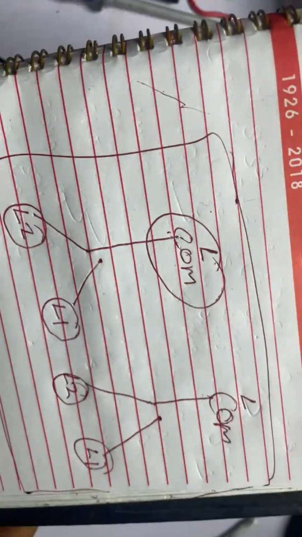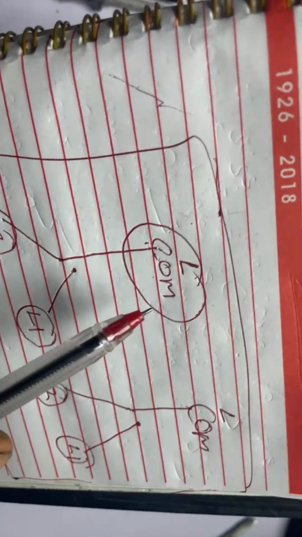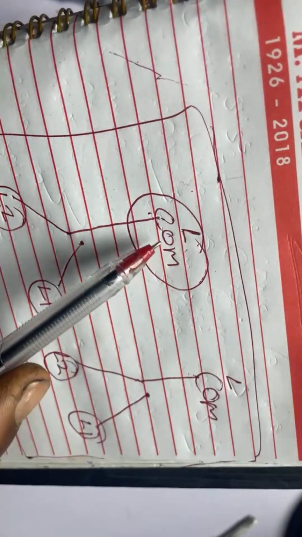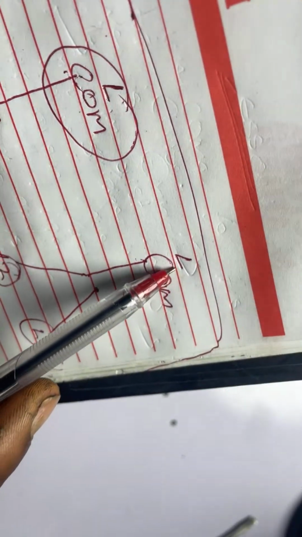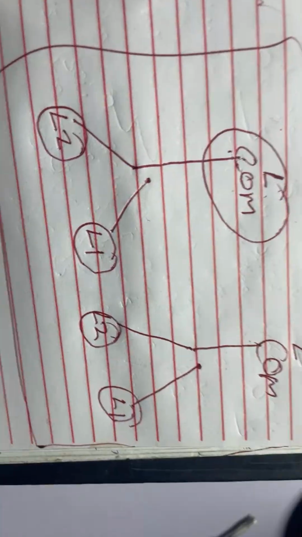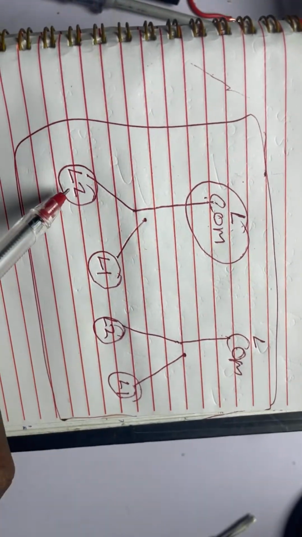That's where you will connect your live wire. If you see L, it is the same thing as this common, because this is where a lot of people make mistakes. Some people will connect their live wire to L2 and it's not going to work.